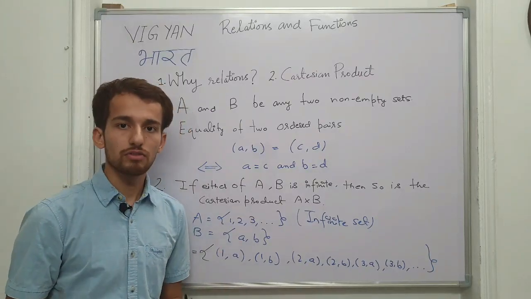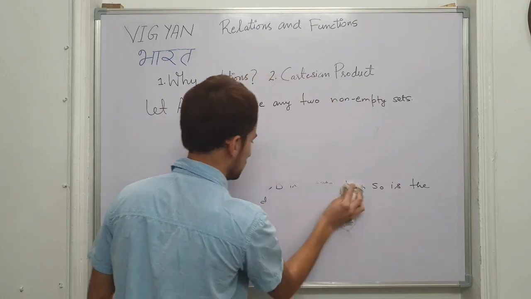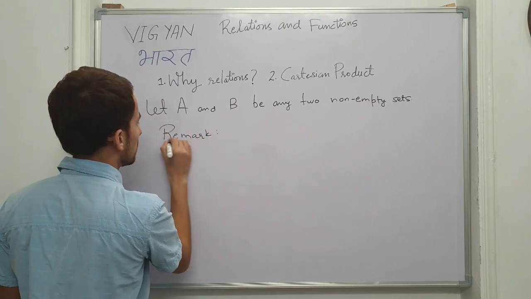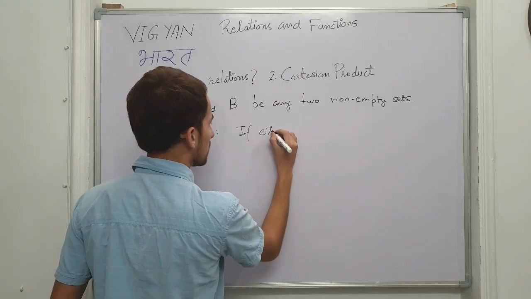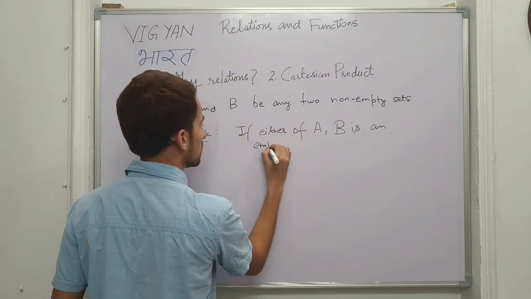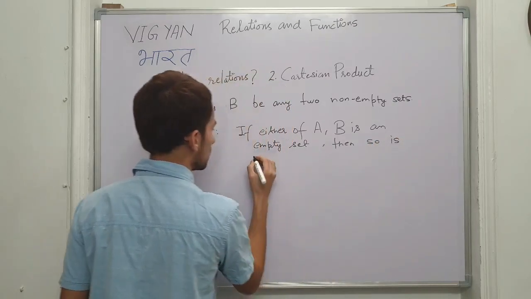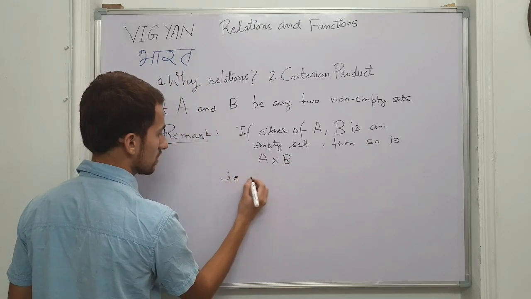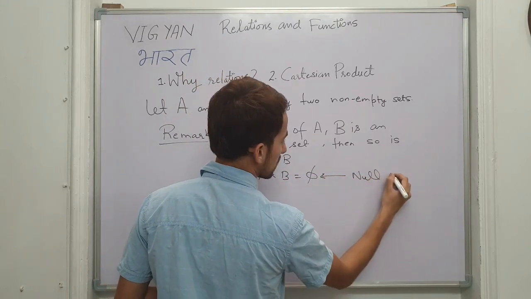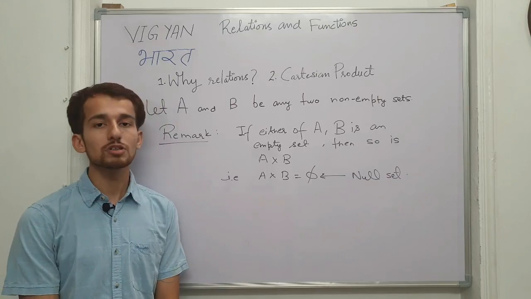And the final important remark which I am now going to tell you is this: if either of the sets A and B is empty, then so is their Cartesian product.